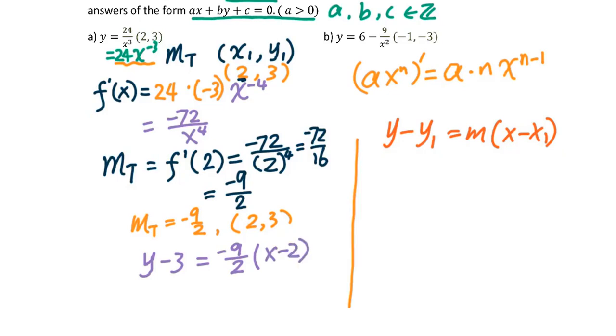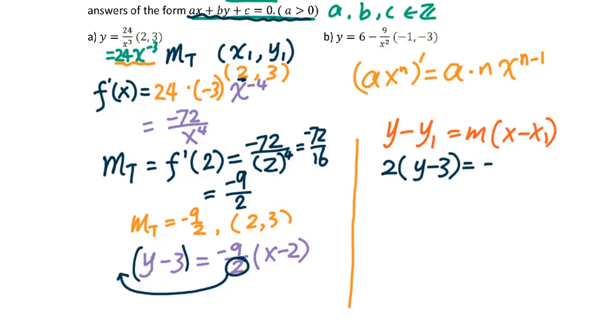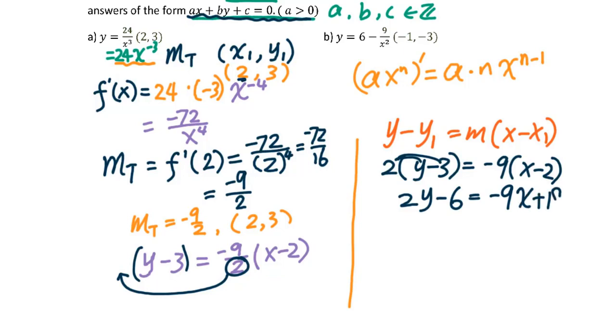In your mind, remember, we need to change into the form ax plus by plus c equal to 0. Therefore, the 2 goes to the left side. You will get 2 parentheses y minus 3 equals negative 9 times x minus 2. Then you do the distributive property on both sides: 2y minus 6 equals negative 9x plus 18.